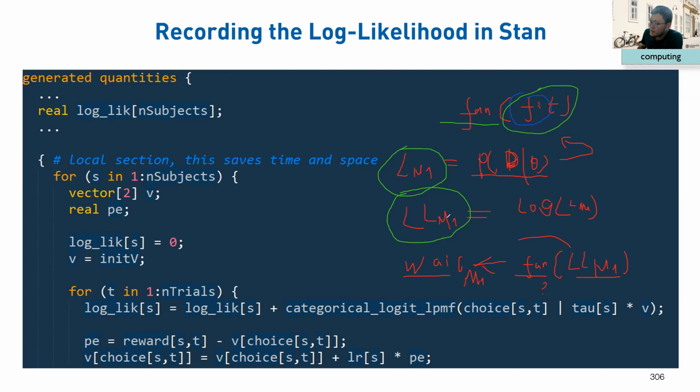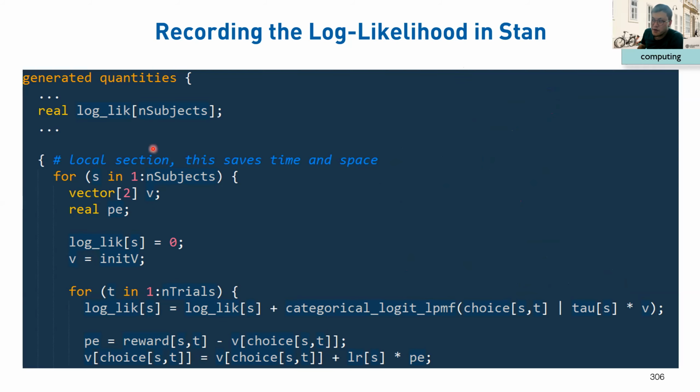And when we have the log likelihood at hand, we input it into another function with the log likelihood as the input argument. Then eventually we will be able to calculate the WAIC score. Okay, so this is the logic. And the only thing that we don't know yet is this function, how to extract log likelihood, how to calculate WAIC. Good, those are the functions that we don't know.